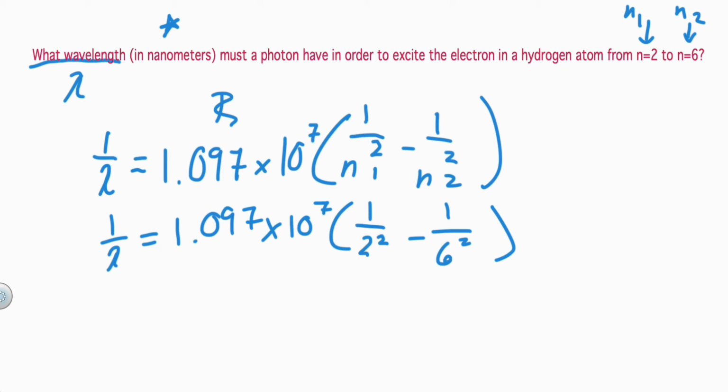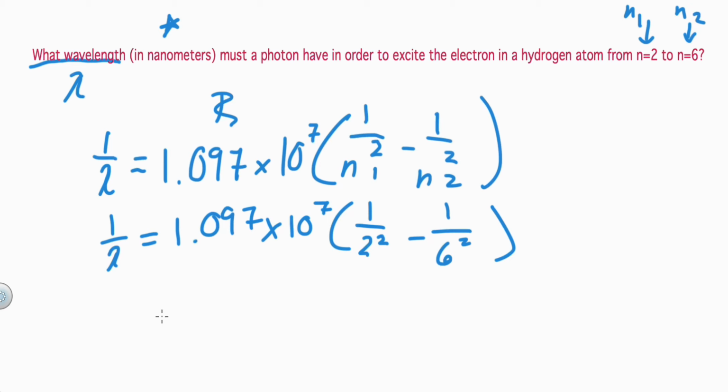it shouldn't. So we're going to divide that number because, remember, it's 1 over wavelength, and we have to have just wavelength. So whatever we get for this right here is what we put under 1.